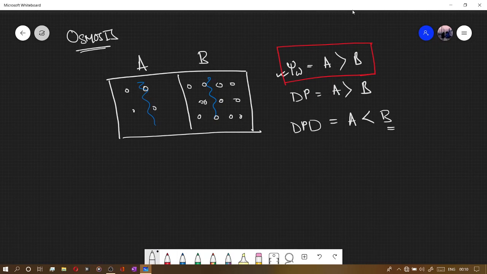Now I'm going to write some statements, but before that I just want to give some clarifications. Okay, now psi W equals psi S plus psi P. Then this is psi P. Just ignore these two because I cannot seem to erase them, or maybe I can.